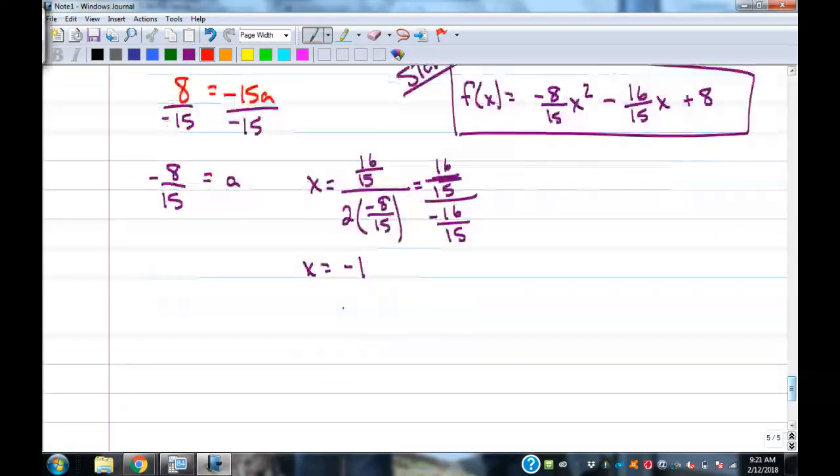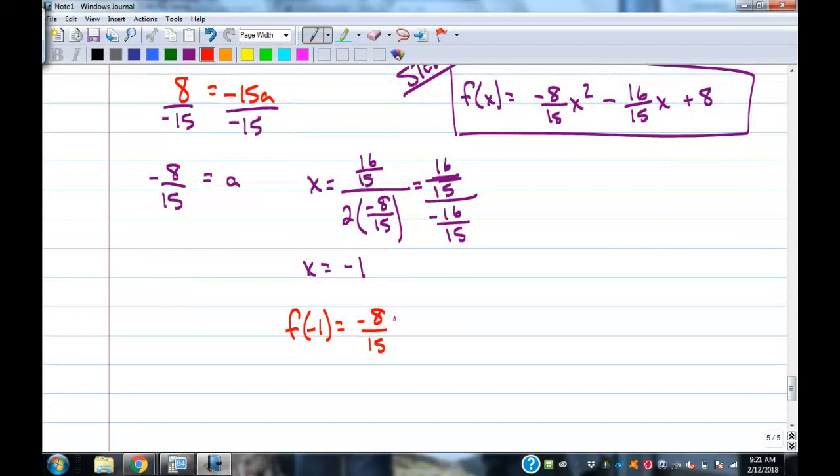Pretty easy. f of negative 1 is negative 8 over 15 times negative 1 squared, minus 16 over 15 times negative 1, plus 8. So that's going to be negative 8 over 15 plus 16 over 15, plus 8. 8 turns into 120 over 15.